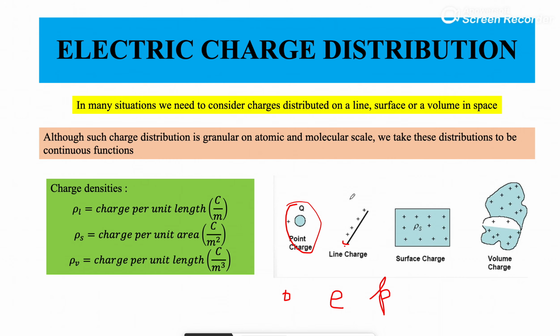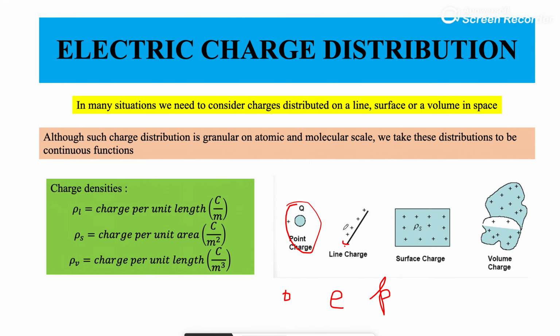Okay, so over here, if I am showing just a few plus signs, it does not really mean that there was only one plus, or two plus, or four plus signs. Remember that there are 10 to the power 18 electrons for 1 coulomb. Therefore, there are a large number of electrons in each of these plus signs shown over here.